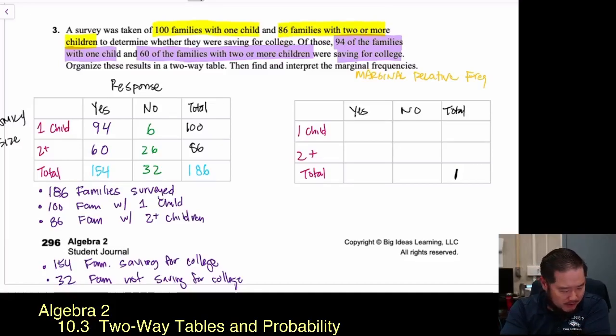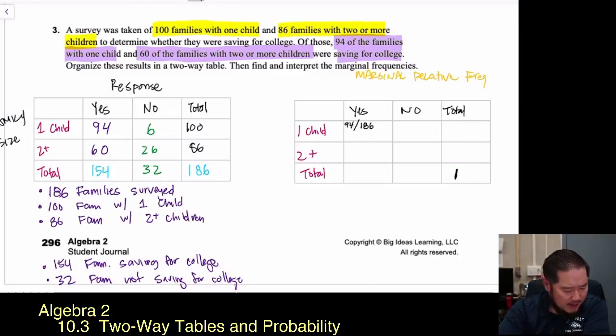For the first one, what we're going to do is figure out the percentage, or the ratio, of 1 child that says yes. It's quite simple. You take the total of yes for 1 child that are saving, and divide that by the total number of respondents in the family survey, which happens to be 186.